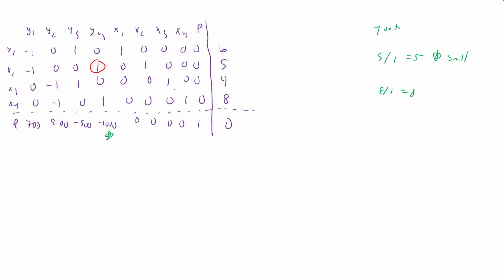Those two are already 0. So now we just have to take minus row 2 plus row 4 to get the new row 4, and 1,000 times row 2 plus row 5, and that's our new row 5. That's not too hard. So this is going to enter and this one is going to exit.